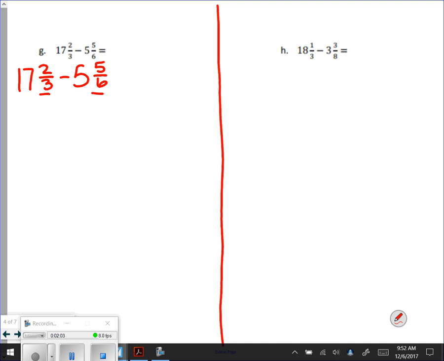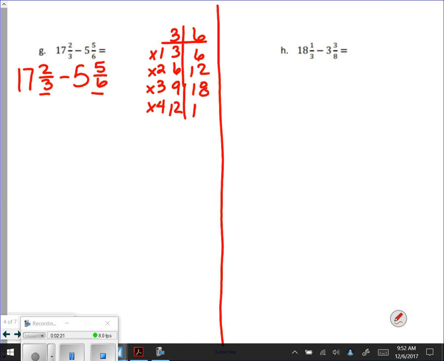However, if I do my little chart off to the side, 3, 6, 9, 12, and 6, 12, 18, 24, then I see that they have 6 in common, 12 in common, and they would actually have 18 in common if I kept going.